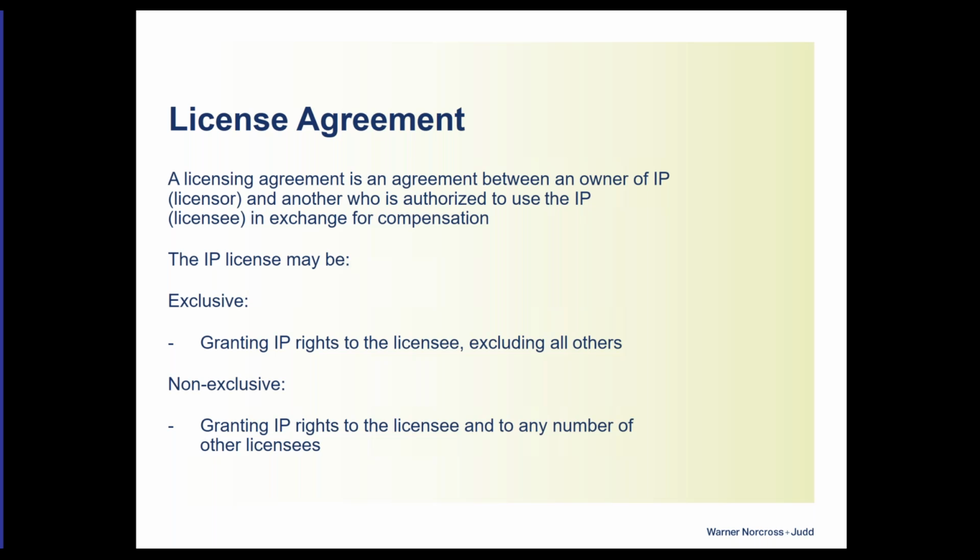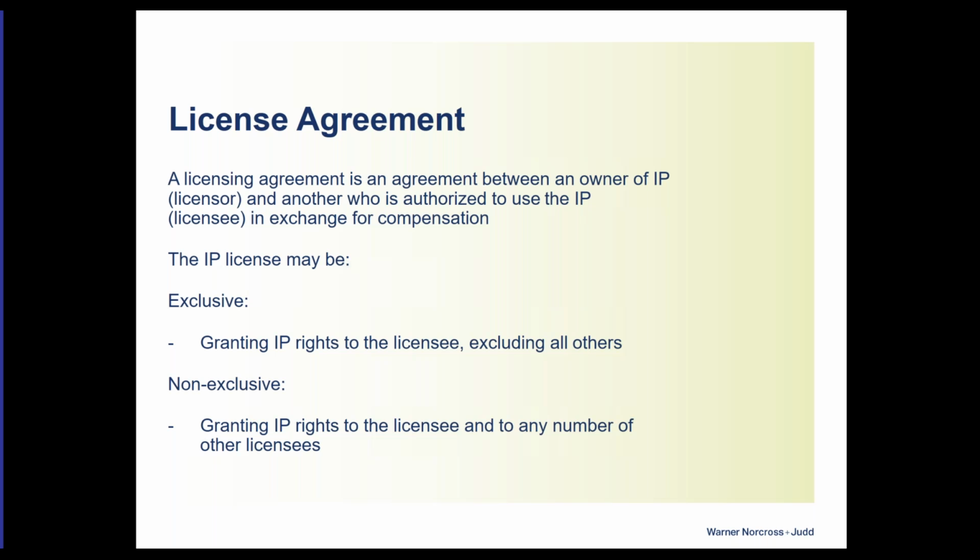Next is a license agreement. A license agreement is an agreement between an owner of IP, which is the licensor, and another who is authorized to use the IP, a licensee, in exchange for some form of compensation. The IP license may be exclusive, where it grants IP rights to the licensee, excluding all others, or non-exclusive, where the rights are granted to the licensee and maybe to a variety of other licensees that could compete with that original licensee.